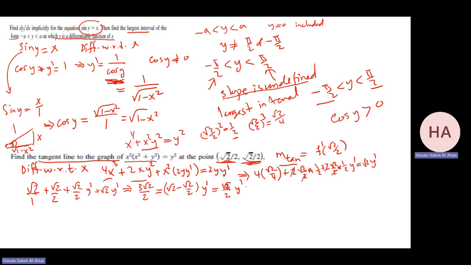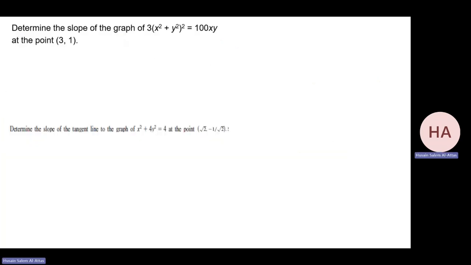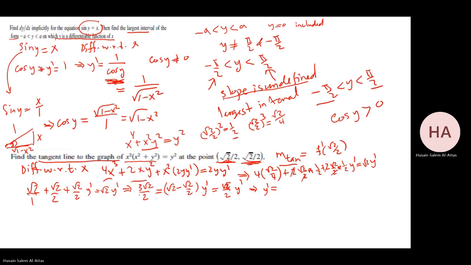I'm trying to simplify it. So y prime equal this over this. 3 root 2 over 2 times 2 over root 2, which is 3. And that is the slope.